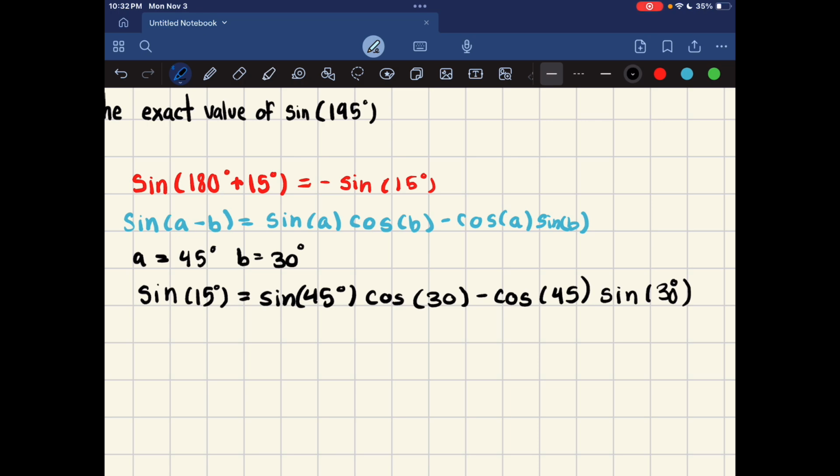Okay, so we're going to substitute the special angle values.